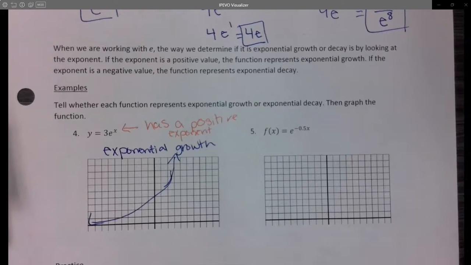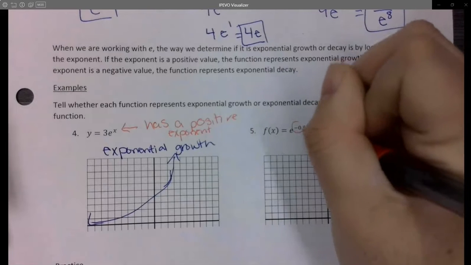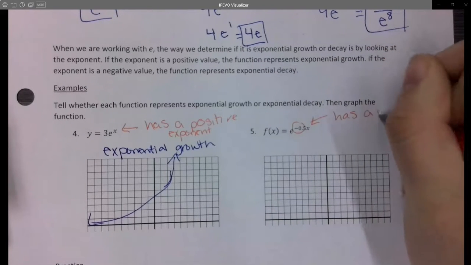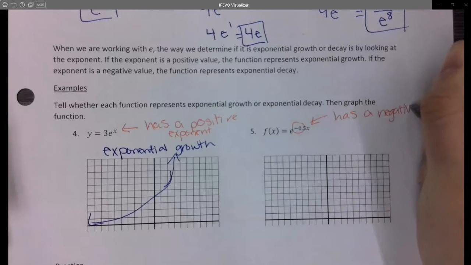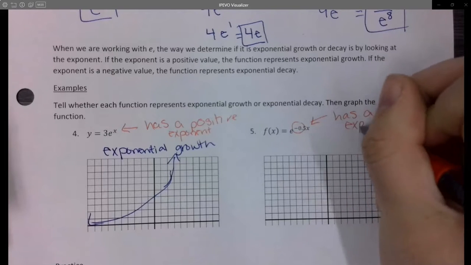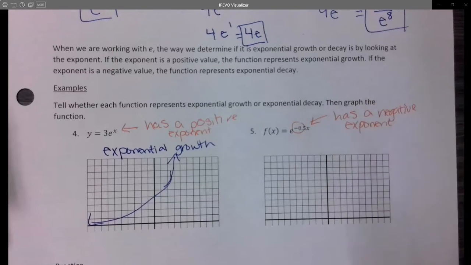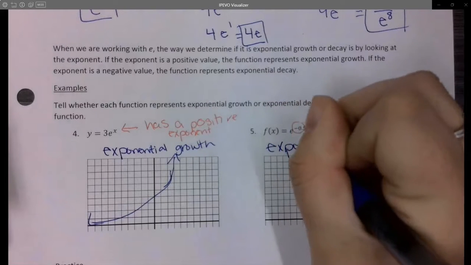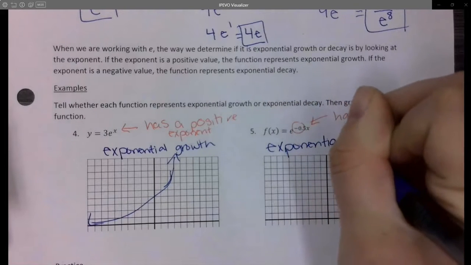Okay. If I take a look at number 5, it has a negative exponent. So this one means it's going to be exponential decay.